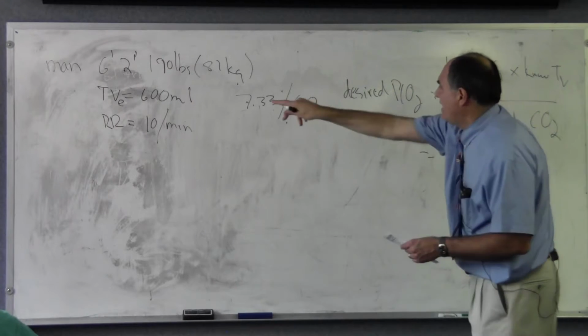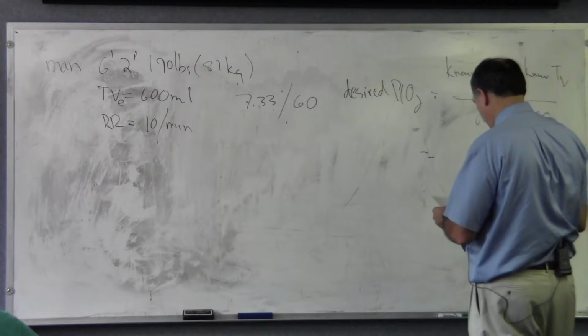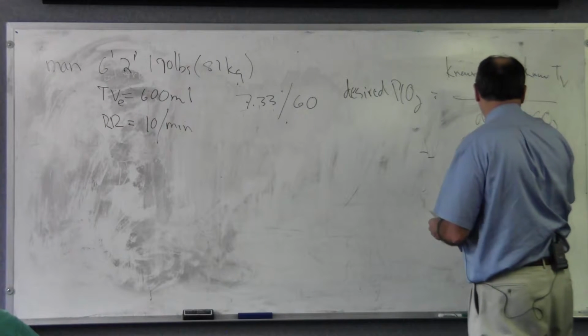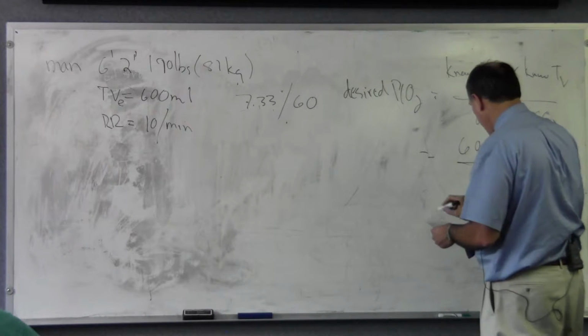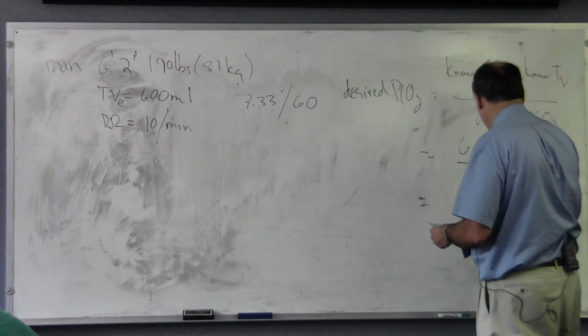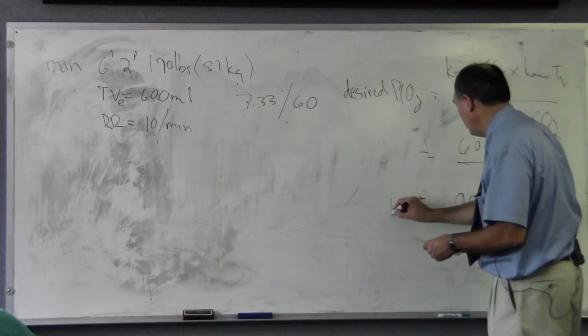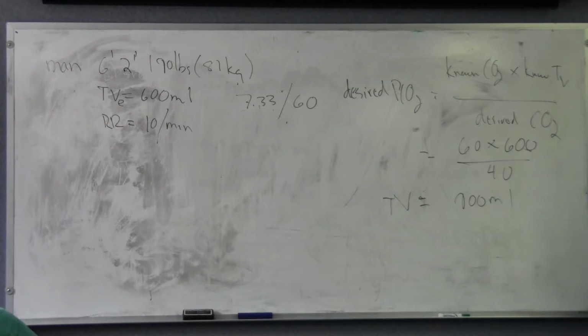And so if we take those numbers, basically what you're going to have is 60 times 600, which is the mLs, right, over 40, and that's going to be 900 mL. That would be what his tidal volume should be.